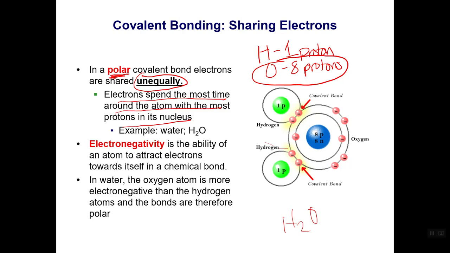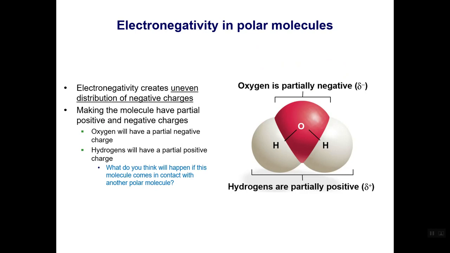So in water, the oxygen atom is more electronegative and therefore is going to have all those negative charges hanging out beside him. So that's going to create an overall partial negative charge at this pole of the molecule, and a partial positive charge will be over here towards the hydrogens. All right, and this represents that very well. You'll see this is a space filling model.